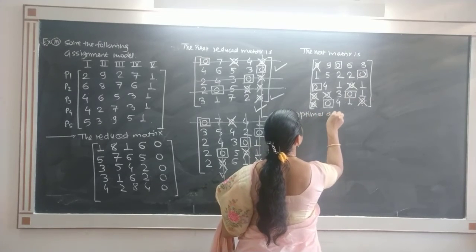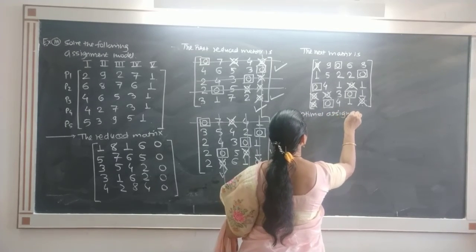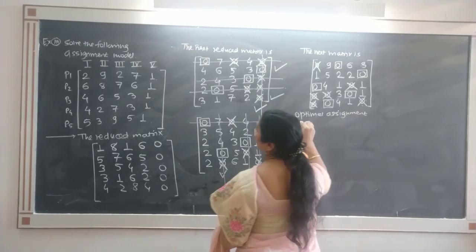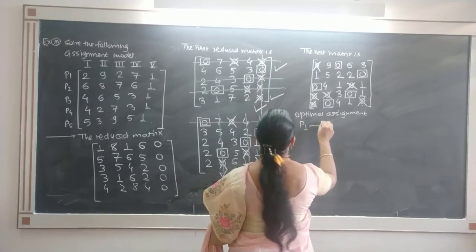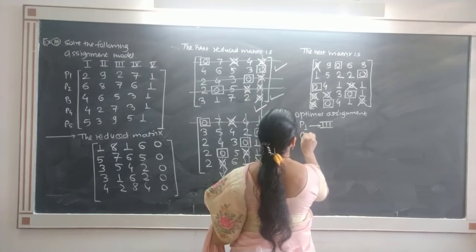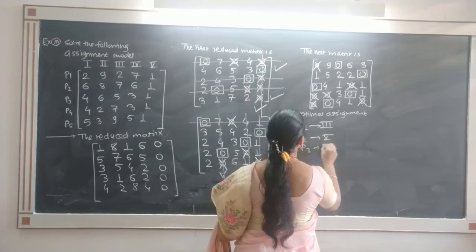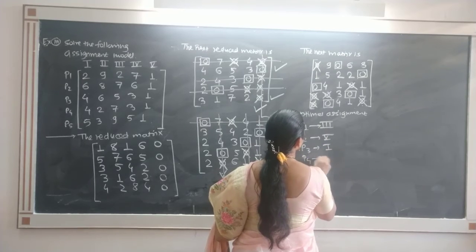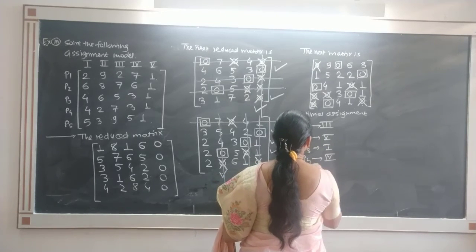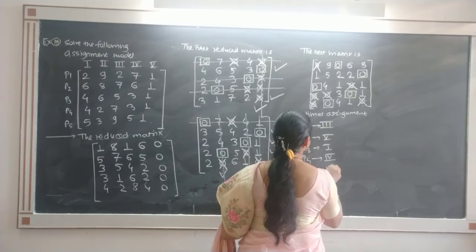The optimal assignment in this case is P1 is assigned to 3, P2 to 5, P3 to first, P4 to fourth, and P5 to second.